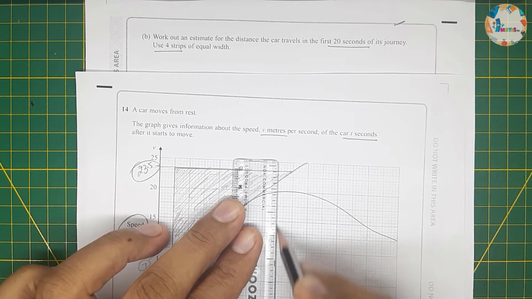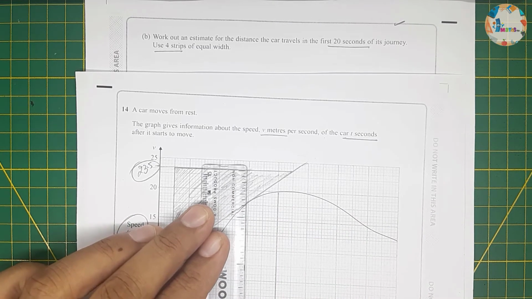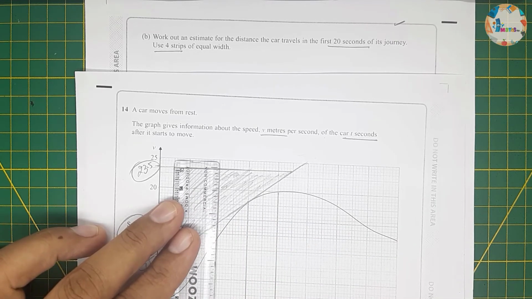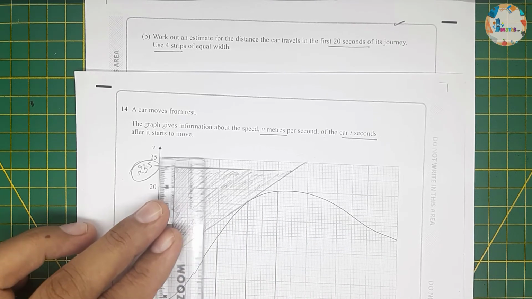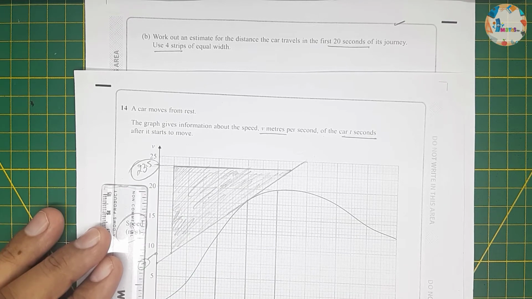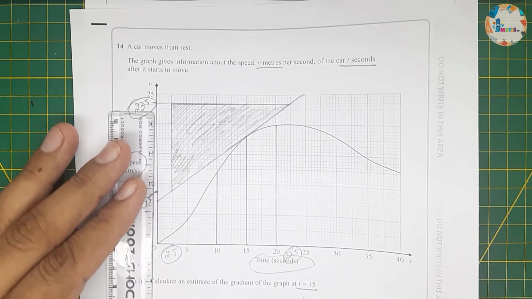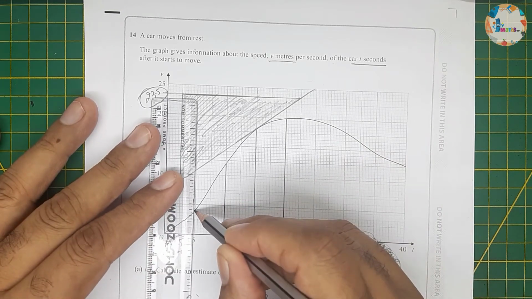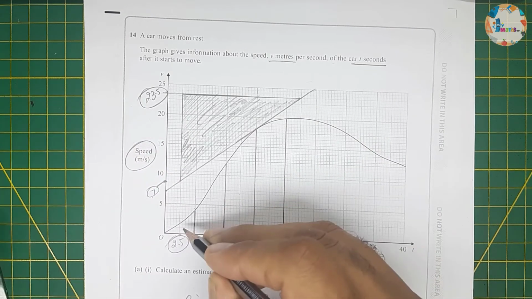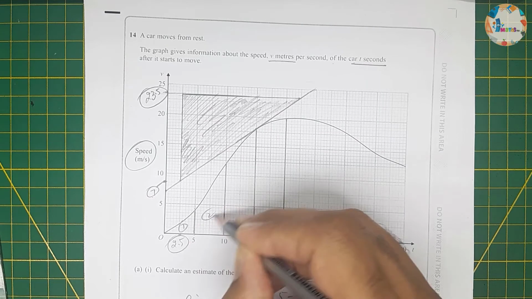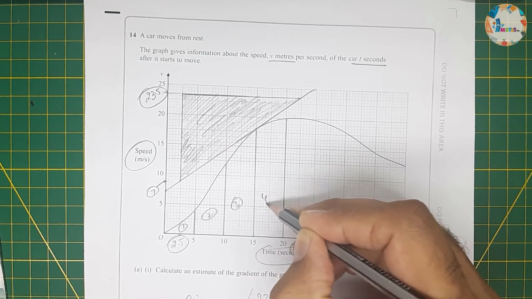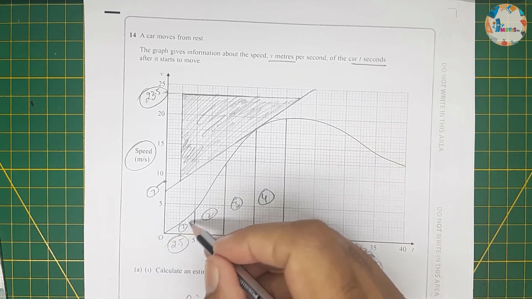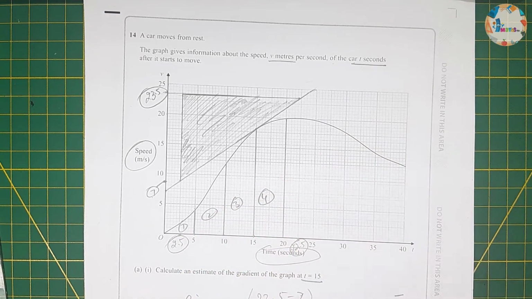Our first strip will be from 15 to 20, this one, and the second strip will be this one. Hopefully you are getting this. So this is our 1, 2, and this will be our third strip. So first strip, second strip, third strip, and fourth strip. These are 4 strips. So we will be finding the area of the separate strips.